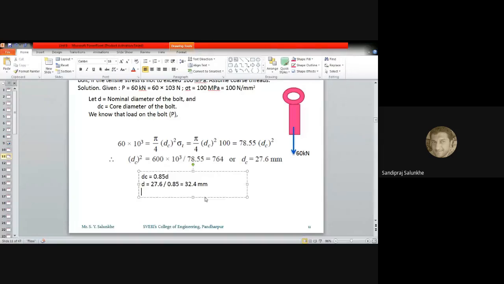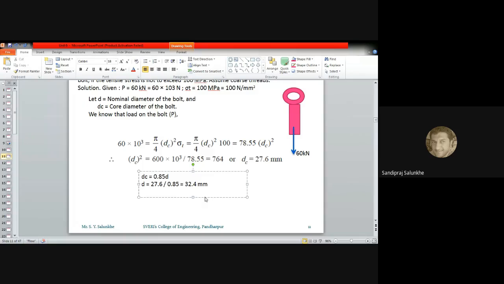But we do not have 32.4 millimeter as a standard dimension of the bolt. So M12, M15, M20, M25, M30, M35. Have you heard these names? These are the bolts which are used.